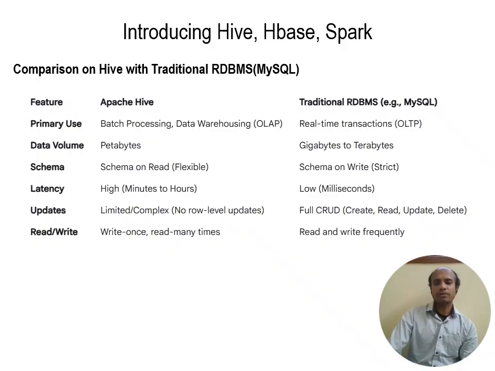Comparison of Hive with a traditional relational database management system, that is MySQL, as an example. So let us see the features of each of these in the two comparison, that is Hive and traditional relational databases, in different aspects.